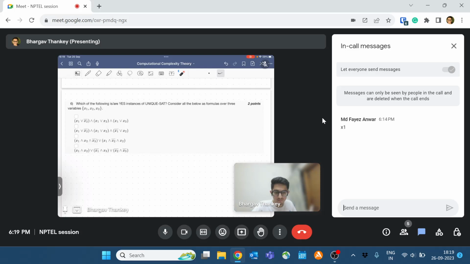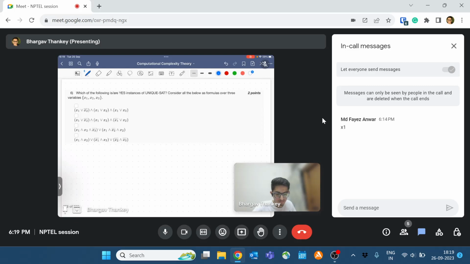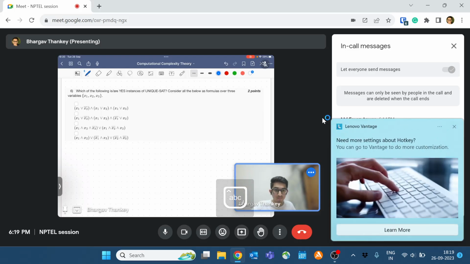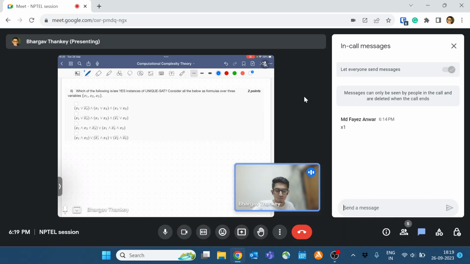Unique set is a promise problem wherein we should have exactly one satisfying assignment, and otherwise it would say no. One way to think about unique set is this: a formula phi is a yes instance of unique set if it is satisfiable and has exactly one satisfying assignment, and it is a no instance if it is unsatisfiable.